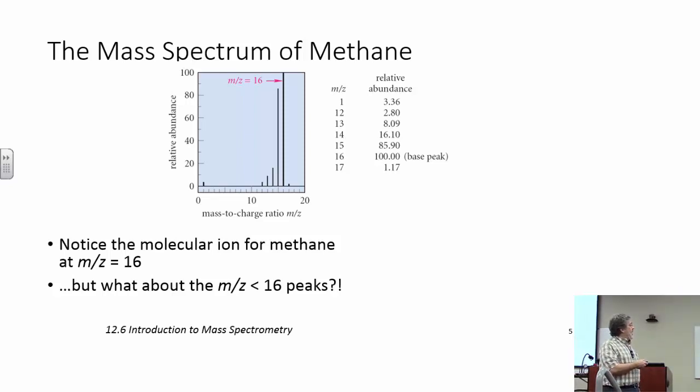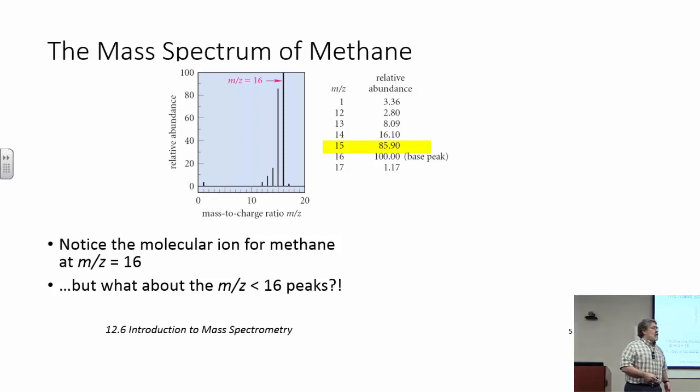So what then is responsible for the 15 peak? Well, does it make sense that the methane radical cation might lose a hydrogen atom? Kind of makes sense, right? So it'll do that, and notice the 15 peak is pretty tall.